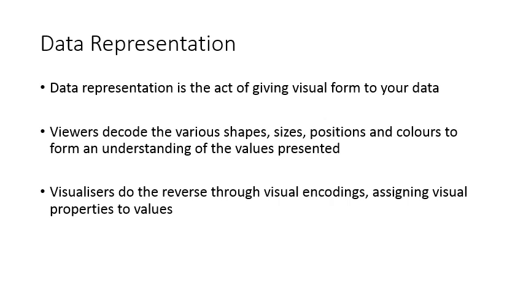So it's a two-step process. You have to do the reverse through encoding, assigning properties to values, making sure that they're intuitive, that they're understandable, and then the user has to decode that to determine meaning for a data set that you're going to present to them.